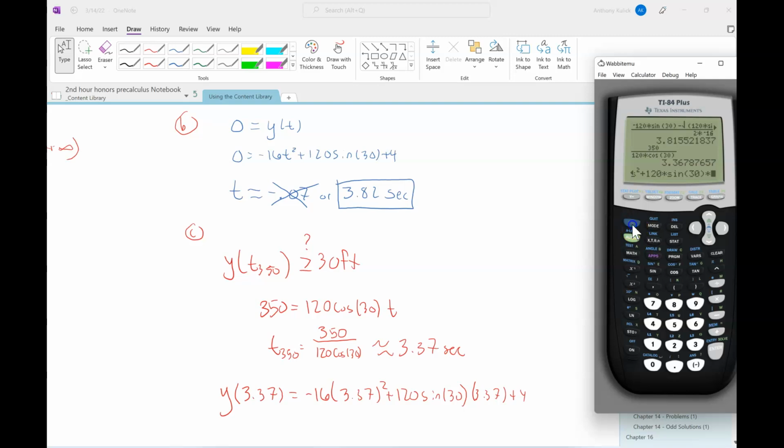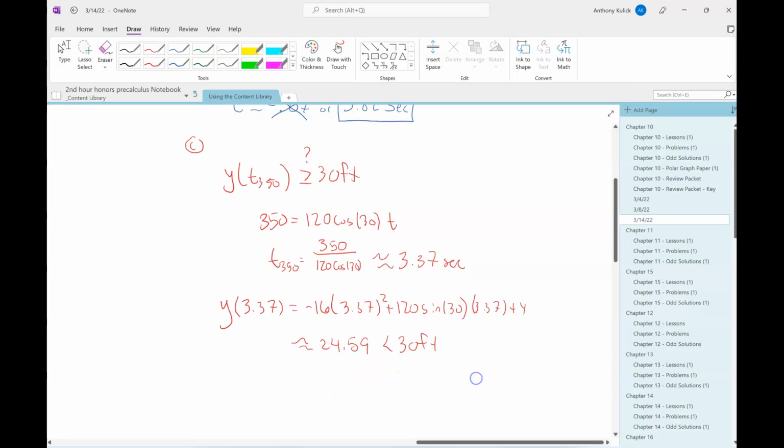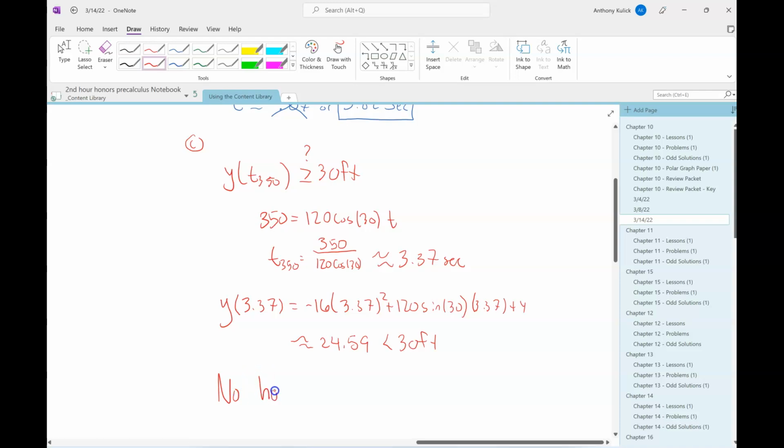You could still use your calculator to do this. I didn't start by looking at a picture though, so I get that we're at 24.59 feet, which is less than 30 feet. So no home run, but that ball's still not catchable.